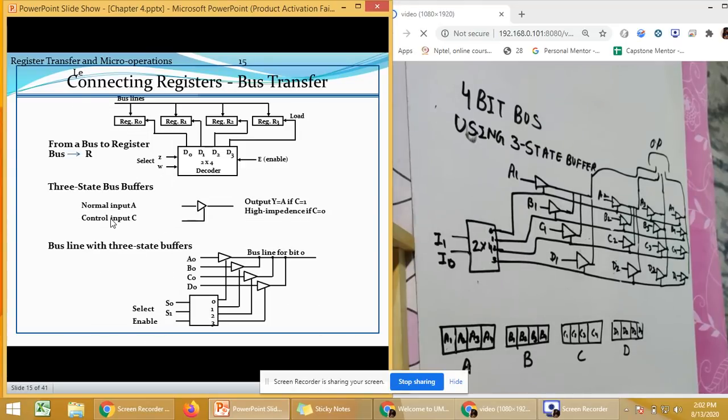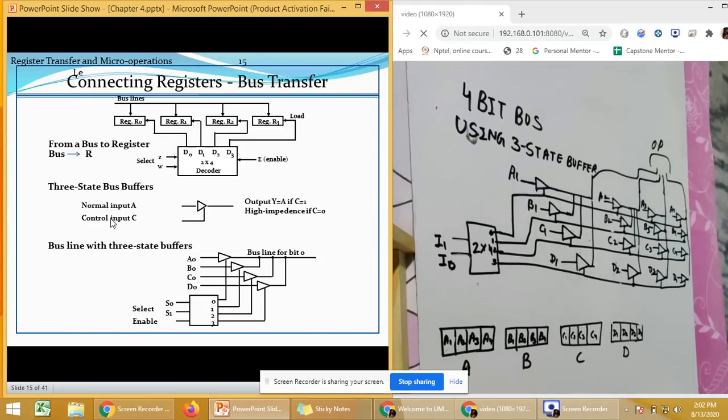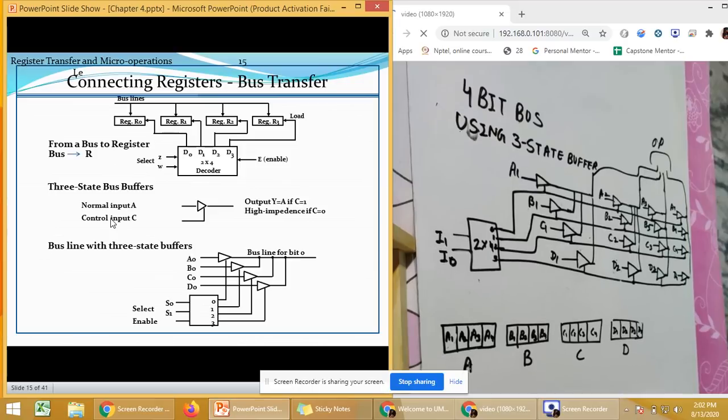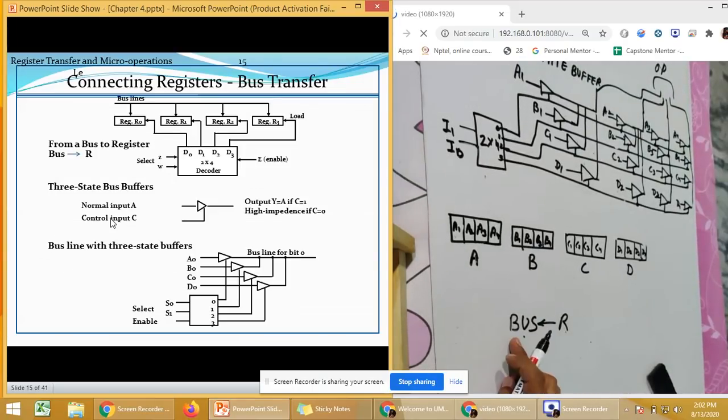Okay, now that was the creation with the help of three-state buffers. Last day we talked about one circuit: if you want to transfer the data from a register to the bus, it is possible by sending the data from R to the bus. So we did this operation.